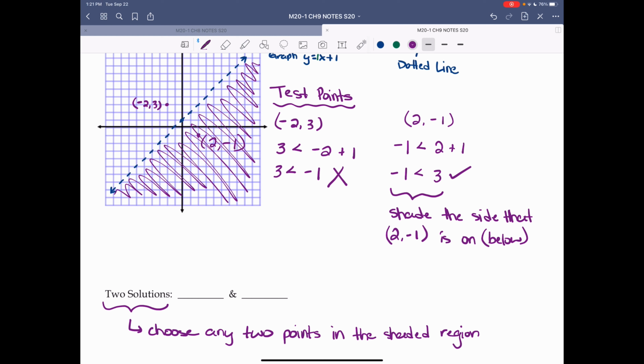For example, I could choose even the point 0, 0, which is in the shaded region. And then I could use my 2, -1.